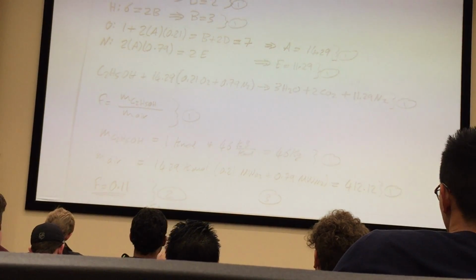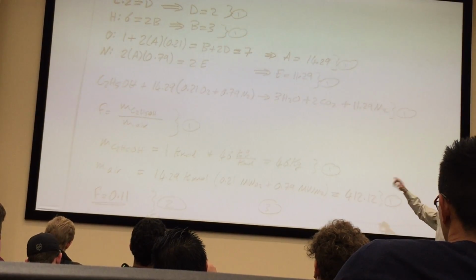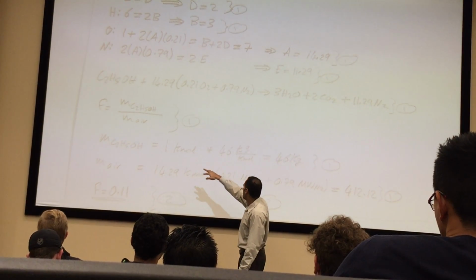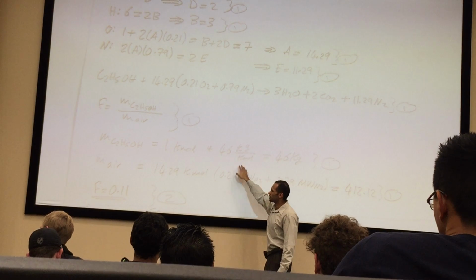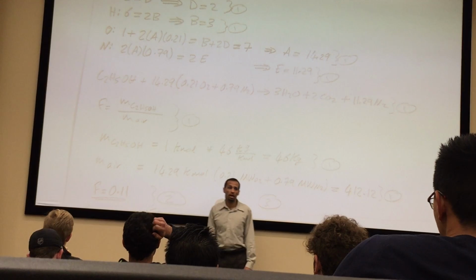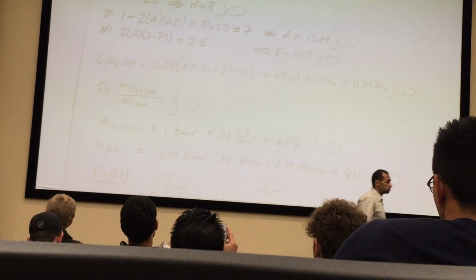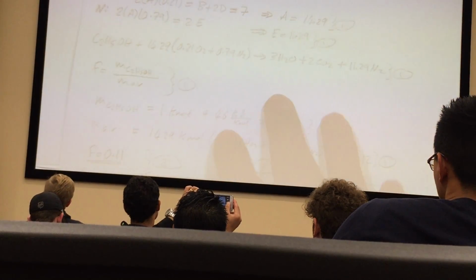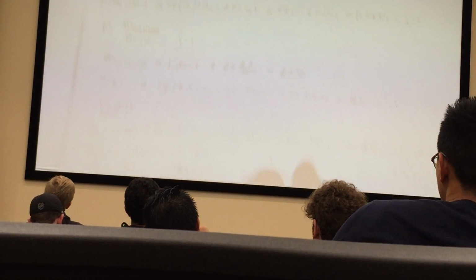I just need my mass ratio, and we've done it many times. Once I know the number of moles, I can figure out the number of fuel moles I have. Knowing the molecular weight, I can get my mass, and this is the fuel air ratio that I got for ethanol. Straightforward. That's right away 10 points in your pocket.